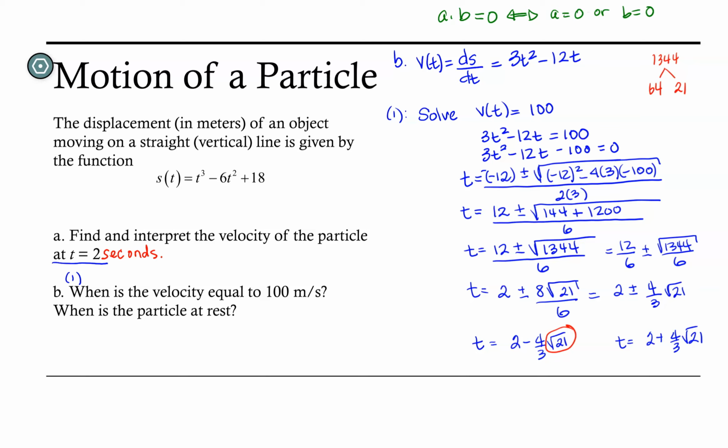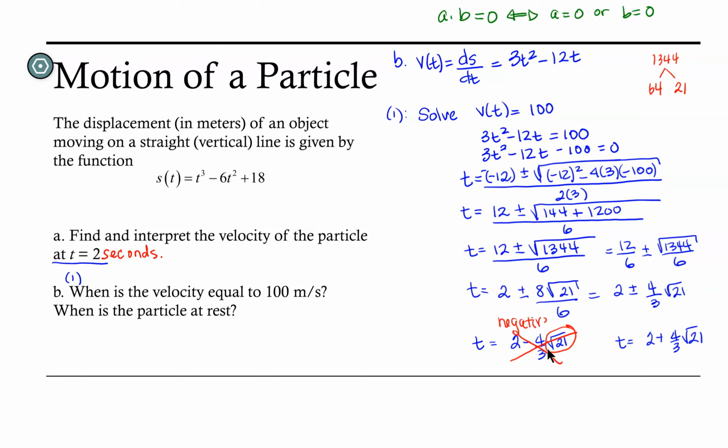So if I think about this, 2 minus 16/3, let's just assume instead of 21 we had 16, but 21's bigger. 2 minus 16/3 is negative. And if we truly had 21 under our radical, we're even subtracting a bigger number. So this number is negative.